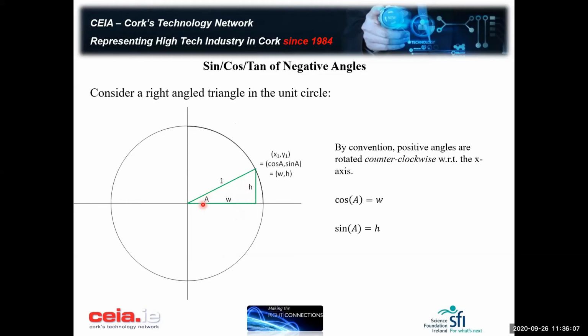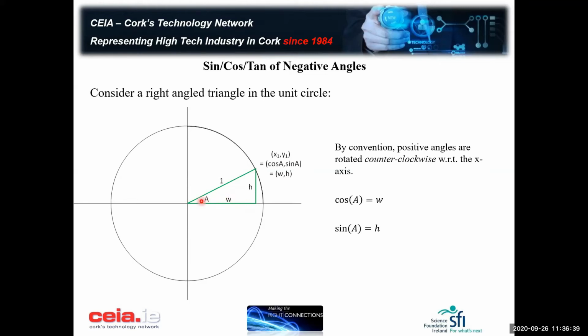If we take an angle A, it will describe in the unit circle a triangle with some opposite line of length h and an adjacent w. So by definition, since the hypotenuse is 1, the sine of this angle A is h and the cosine is w.